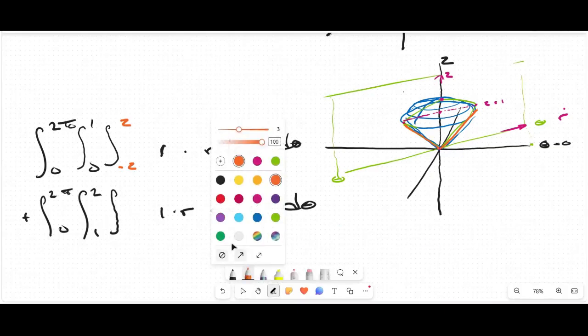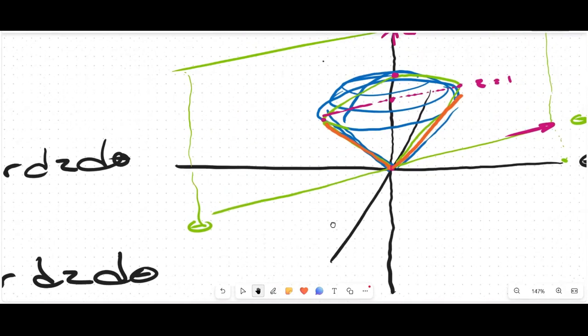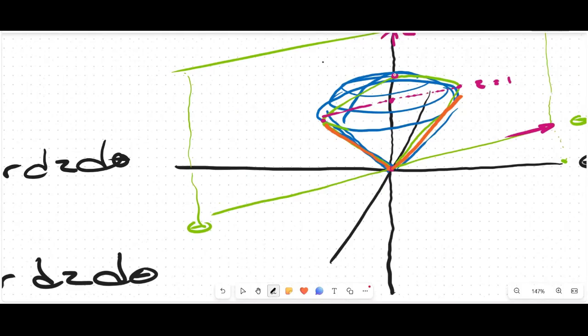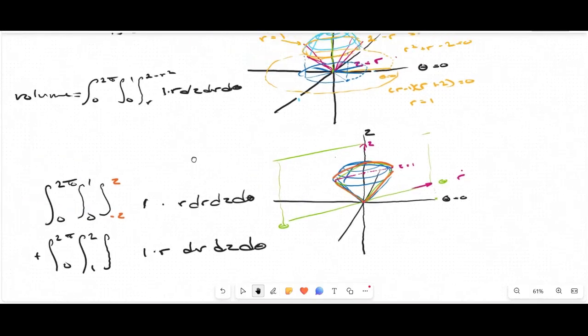And then for z between 1 and 2, the lower bound on r is this guy here, and the upper bound is this guy here. And r is a function of z.